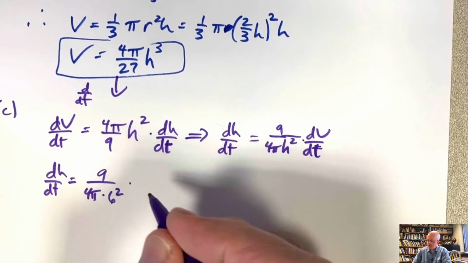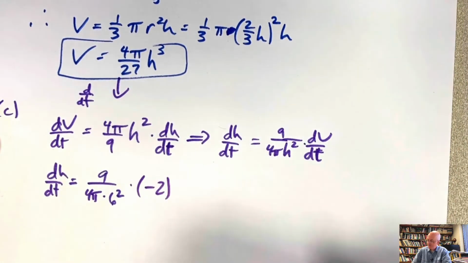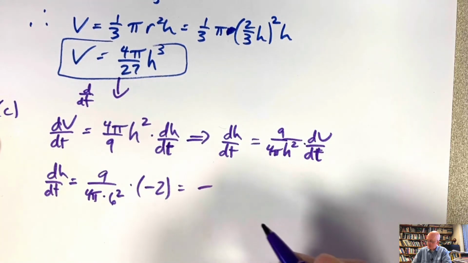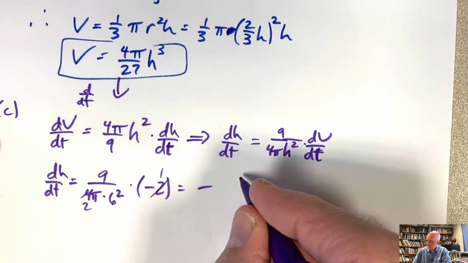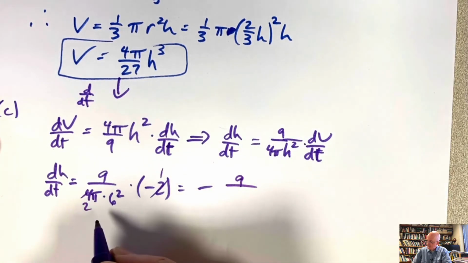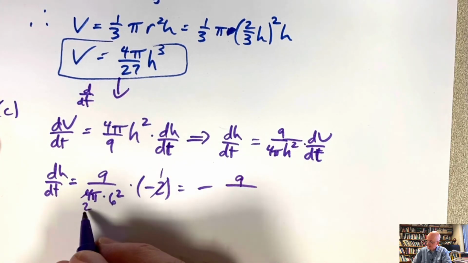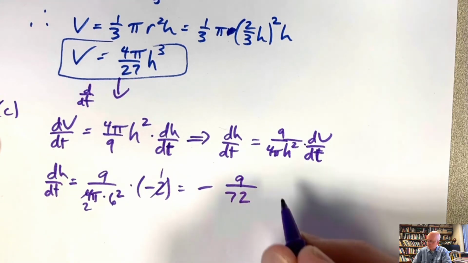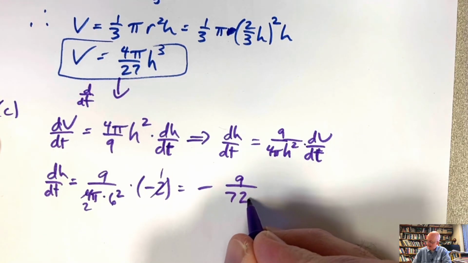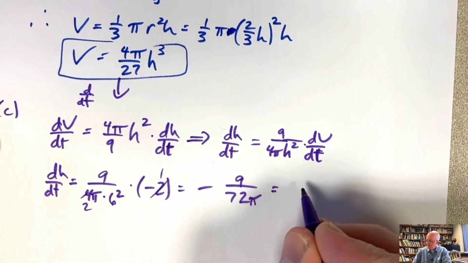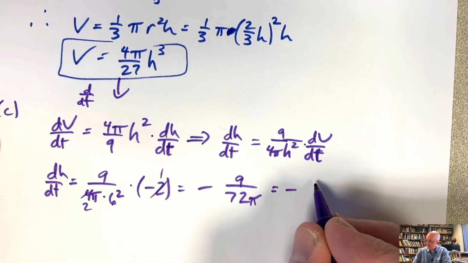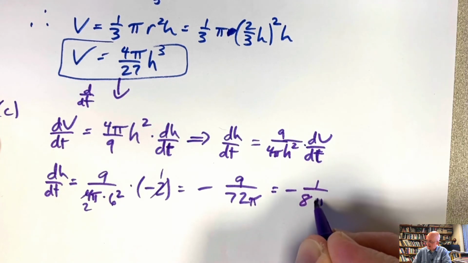So dV/dt should be -2. We use that fact from before. So this simplifies to what? You can cancel the 2 there with the 4. -9 over 6 squared is 36 times 2 is 72 pi. Don't forget about my pi there. This does simplify a little bit. 72 is divisible by 9 to -1 over 8 times pi.